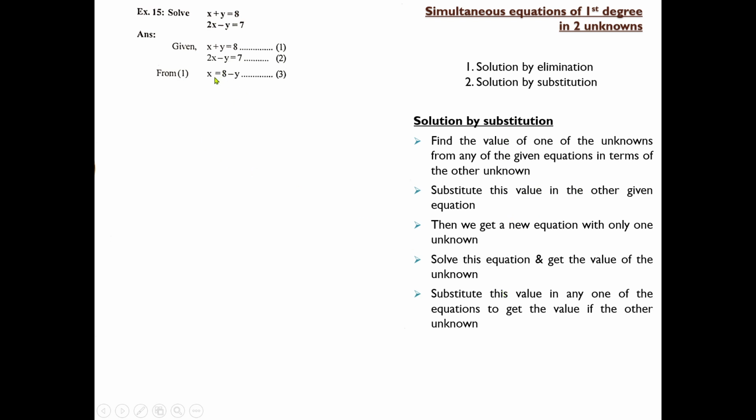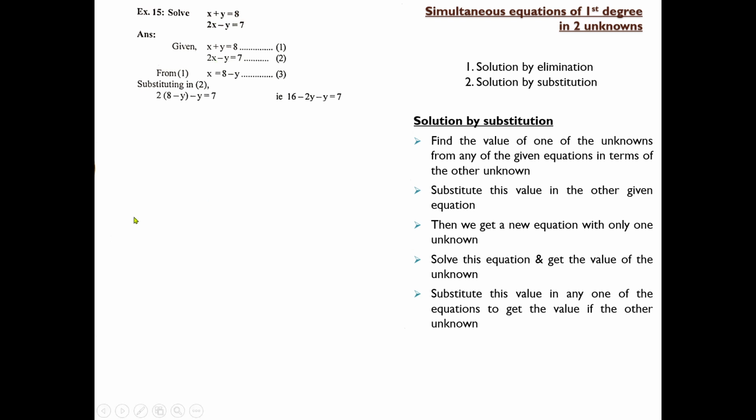So you need to substitute this one in the second equation. In the second equation it was 2x minus y equal to 7, but we have made the necessary arrangements in the first equation so that x equal to 8 minus y. So we can substitute this x value, that is 8 minus y, in this 2x. Yes, we can definitely substitute that.